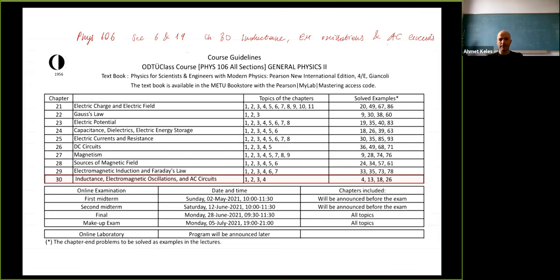And then if there is a magnetic field, and the magnetic flux is changing in one way or another with respect to time, we saw that it gives rise to EMF.